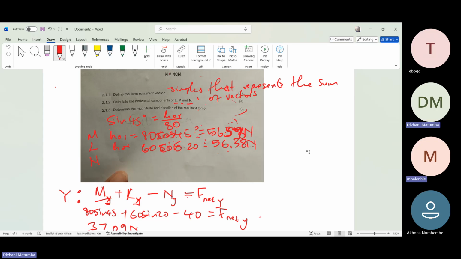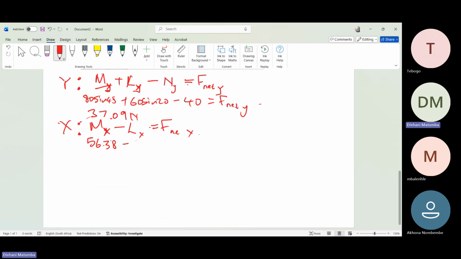And 80 cos of 45. Oh, okay. Yeah, no problem. This was 57. Okay, yes, you're right. So it's 57, and then this is 56.38. That will give us F net in the X direction.